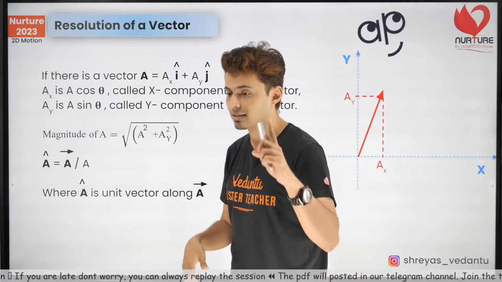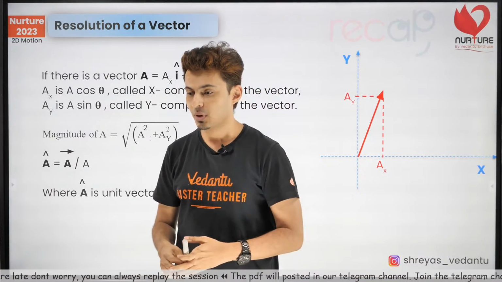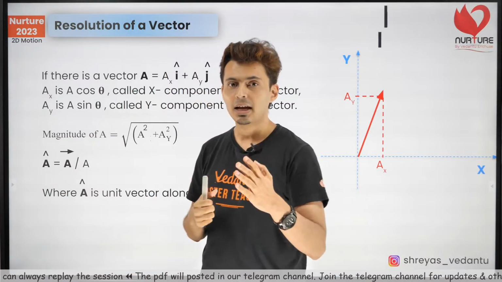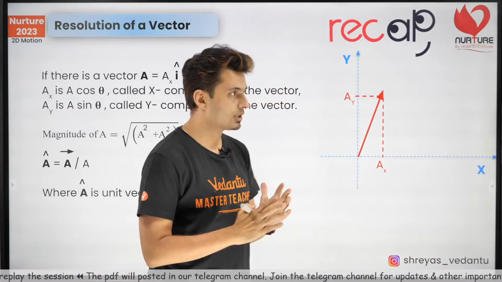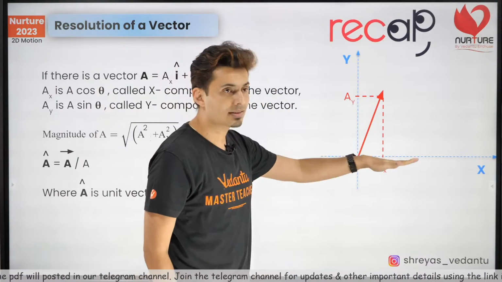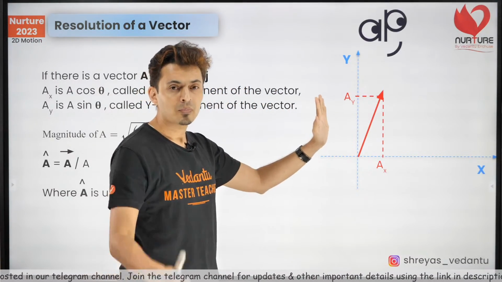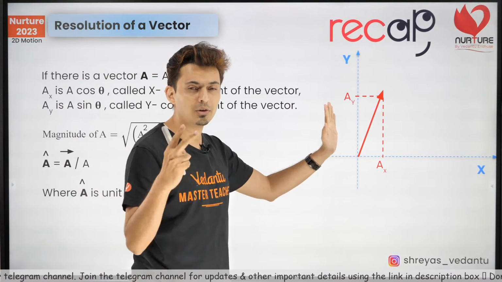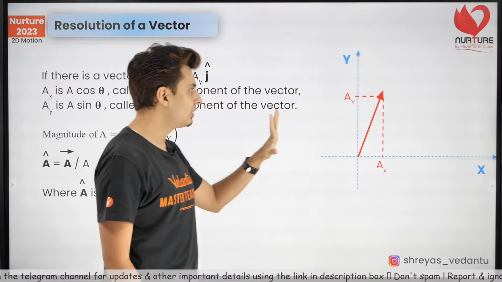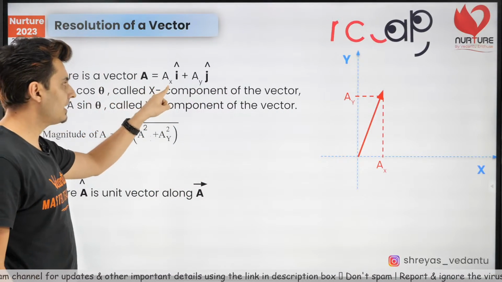Also in vectors, I have spoken about resolution. A vector can be split into two components, one is the x component, one is the y component. This is particularly very important in 2D motion. That's why I'm doing a quick recap. You can always split a vector into two components, and the x component is ax.